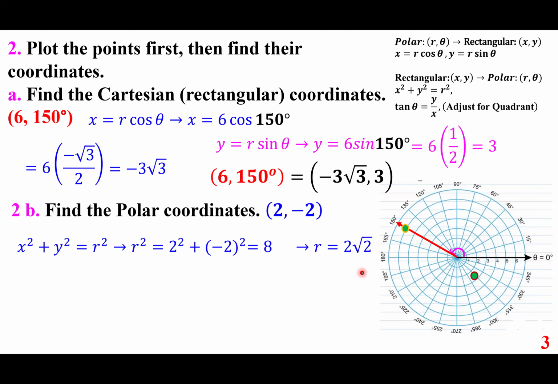What about tan theta? y over x. Minus 2 over 2, negative 1, and we are in the fourth quadrant.